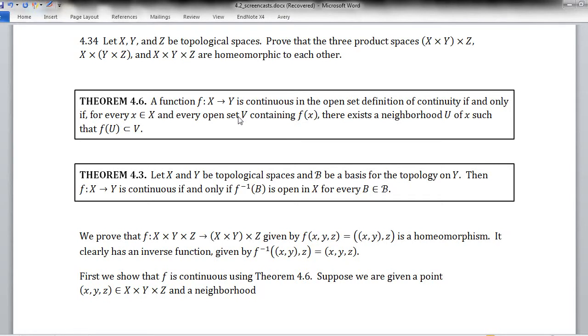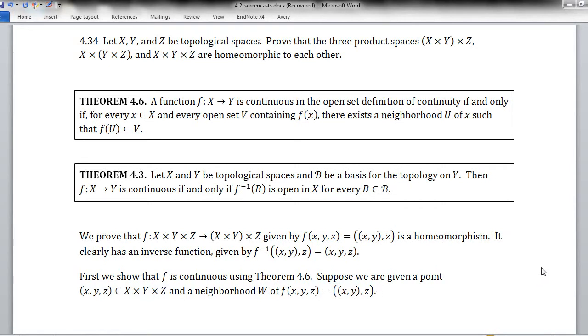Up here that neighborhood is called V, but I'm going to call it W so I can save my V. So a neighborhood W of f of this point, which by the way is equal to ((x, y), z), like so.